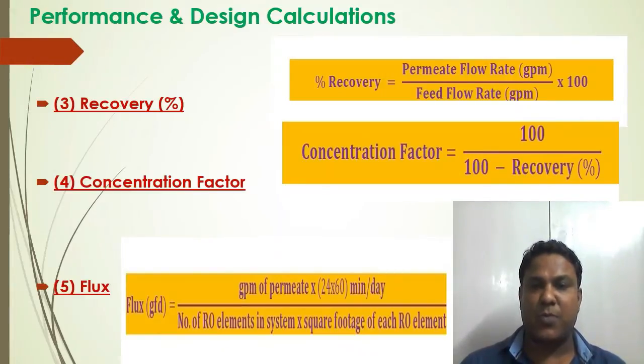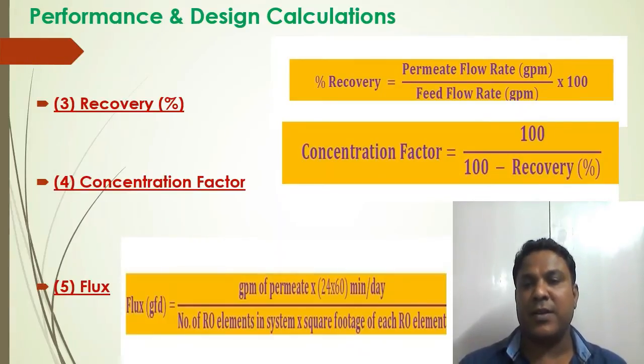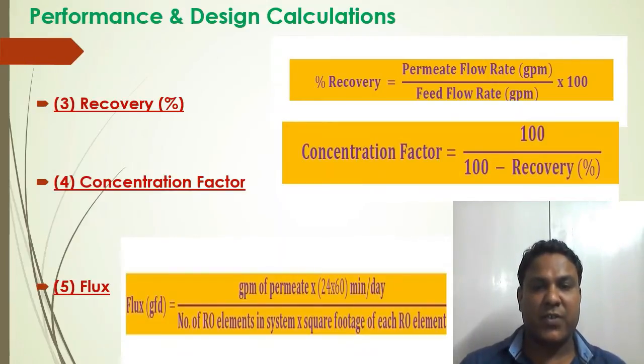The calculation for percentage recovery is: percentage recovery equals permeate flow rate in GPM, that is gallons per minute, divided by the feed flow rate in gallons per minute, multiplied by 100. So with this equation we can find percentage recovery.